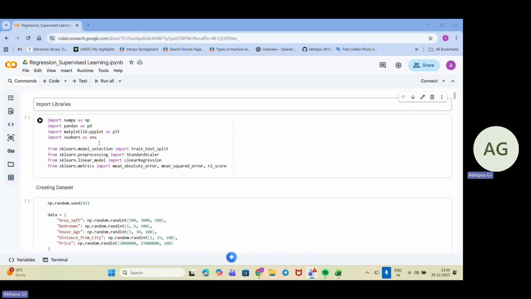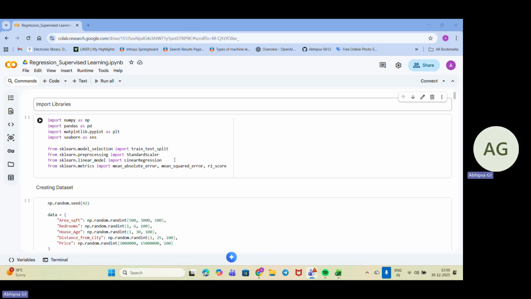We have taken NumPy, pandas, matplotlib, and seaborn. Then from sklearn.model_selection we import train_test_split. Then from sklearn.preprocessing we take StandardScaler. Then from sklearn.linear_model we import LinearRegression, because here we are going ahead with the linear regression part only, so we need to understand each part of it.